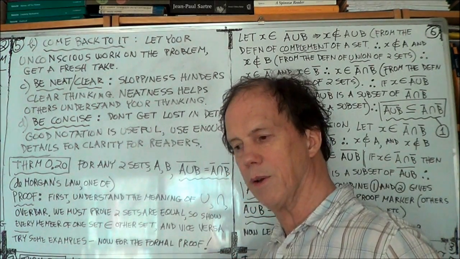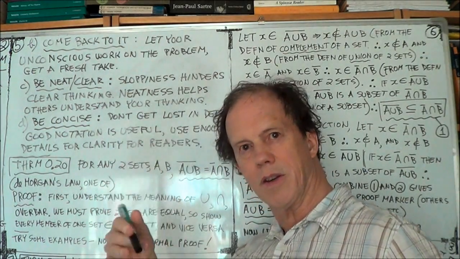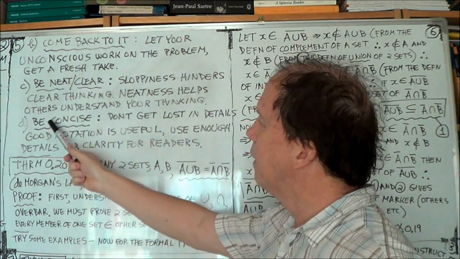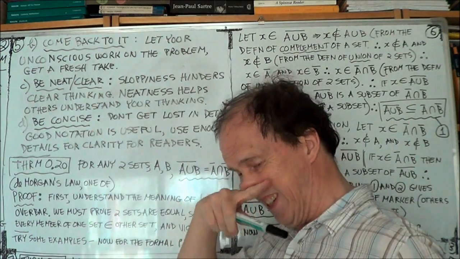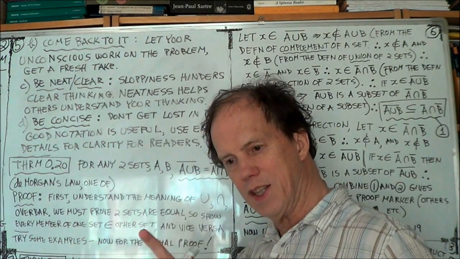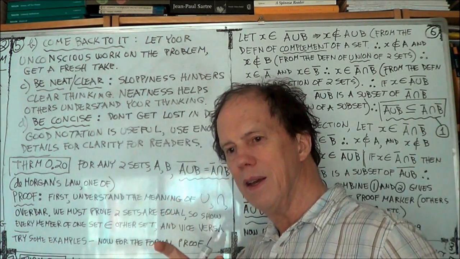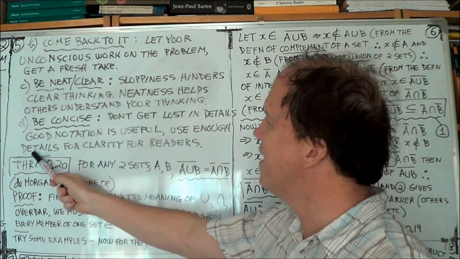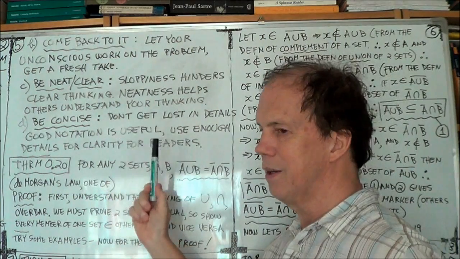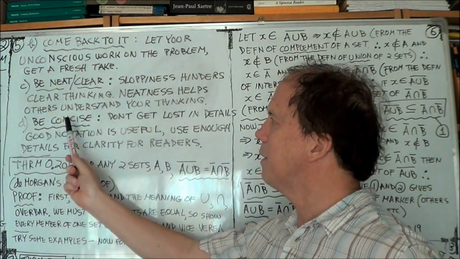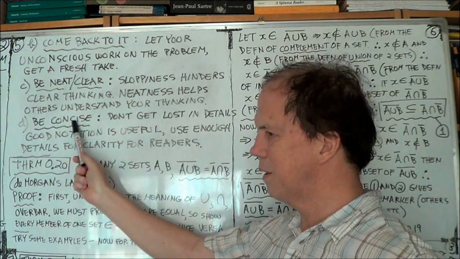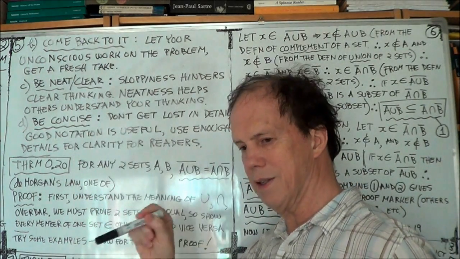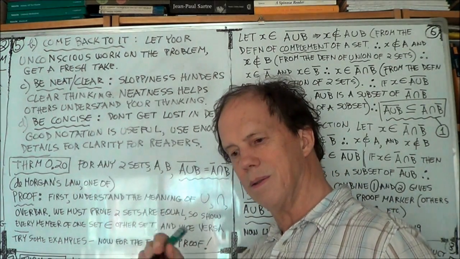It's just easier to follow than some chaotic mess. And be concise. Be as concise as you can be. There's a limit, of course. If you don't have enough details to be clear, then it's counterproductive. So to the extent that it's useful to be concise, be concise.